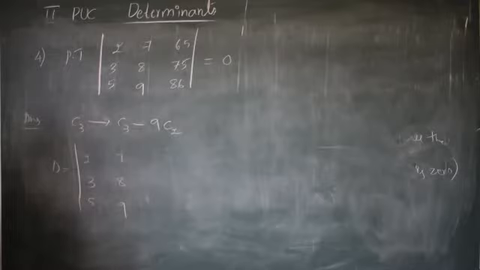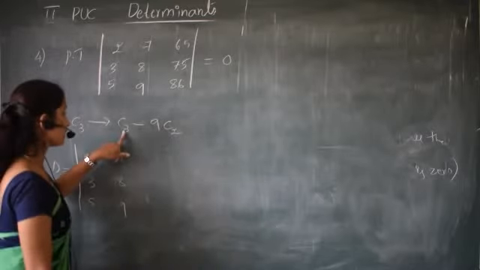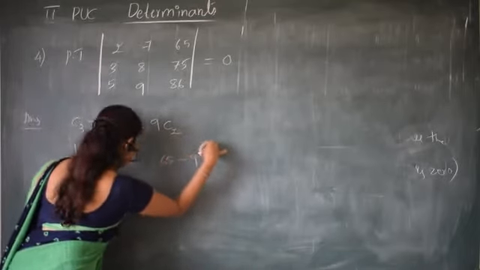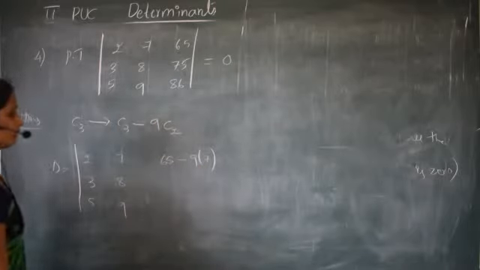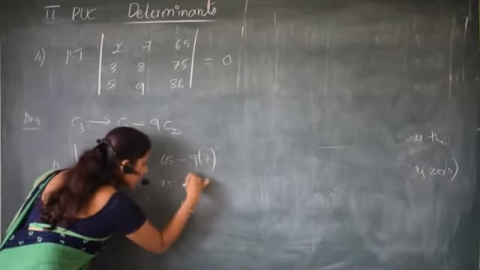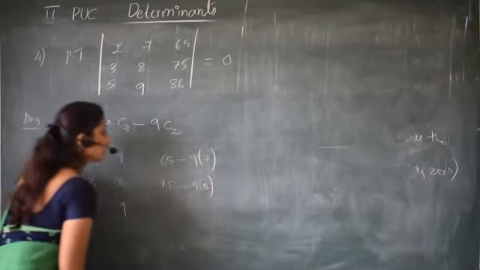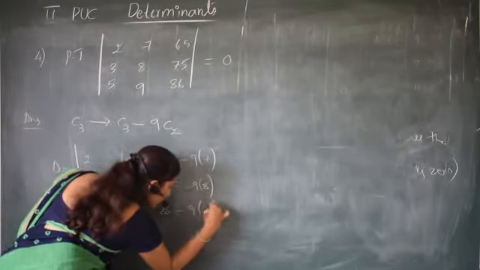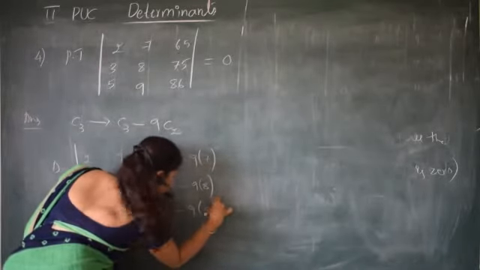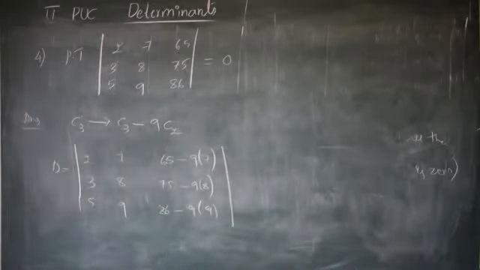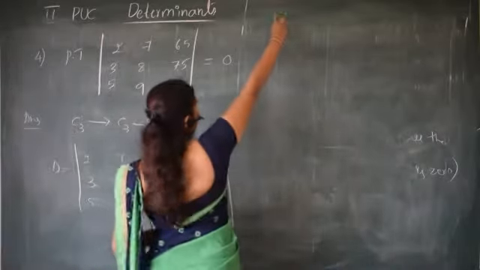Next, C3 becomes 65 minus 9 into 7, 75 minus 9 into 8, and 86 minus 9 into 9. I have changed C3 to C3 minus 9 C2. So this is delta. Next, simplification.